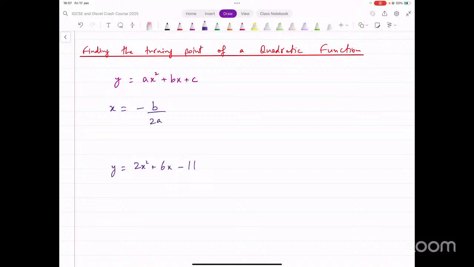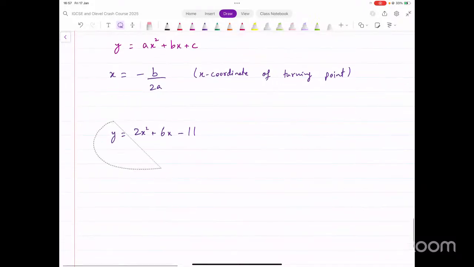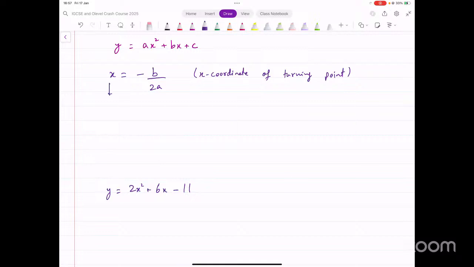This formula is going to give you the x-coordinate of the turning point. And then if you had to find the corresponding y-coordinate of the turning point, what you do is put this value back in the function.